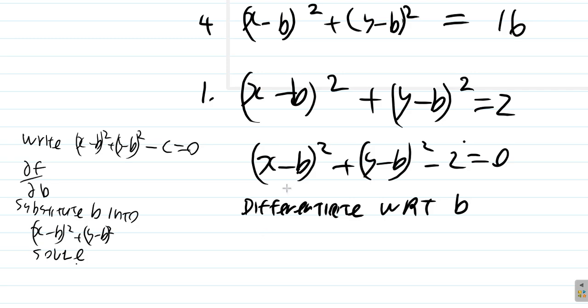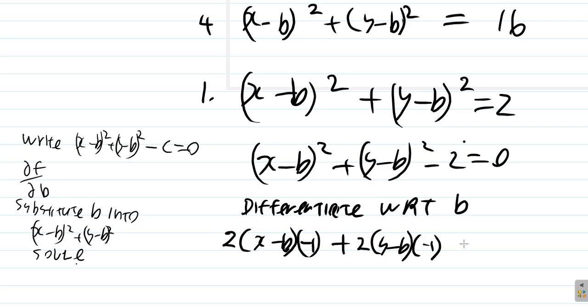We have the outside function as something squared, so we have 2 times it, 2(x minus b). The derivative of the inside function with respect to b would be -1, so -1, plus, same argument here, 2(y minus b), -1. Well, this would amount to 0, equals 0. So that's what we have there.